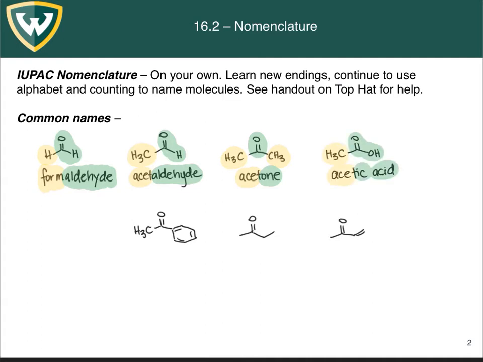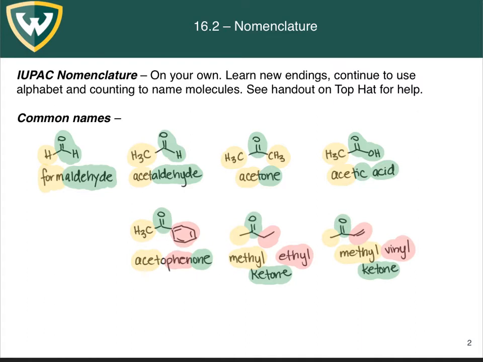Then in acetic acid, again, the methyl group that's attached to a carbonyl is getting this prefix acet, and then ic acid refers to the carboxylic acid ending there. Now down here we have acetophenone, methyl ethyl ketone, and methyl vinyl ketone.